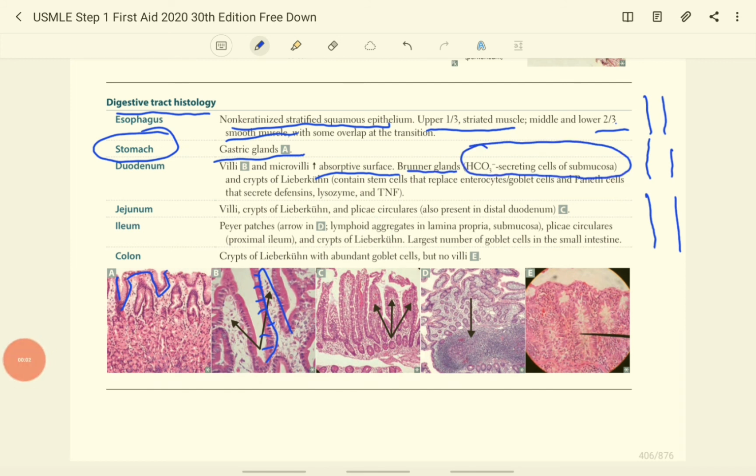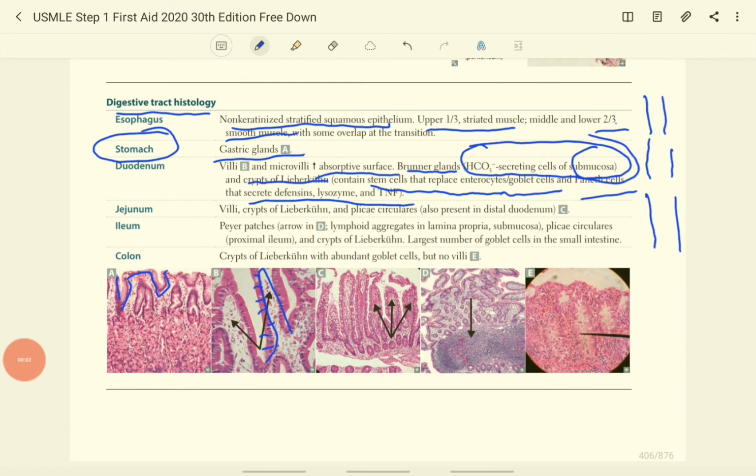This gland is present in the submucosal layer, and it also has crypts of Lieberkühn, which contain stem cells for the replacement of enterocytes and goblet cells. It also has Paneth cells which help to secrete defensin, lysozyme, and tumor necrosis factor to fight against microorganisms. This is our innate immune system.